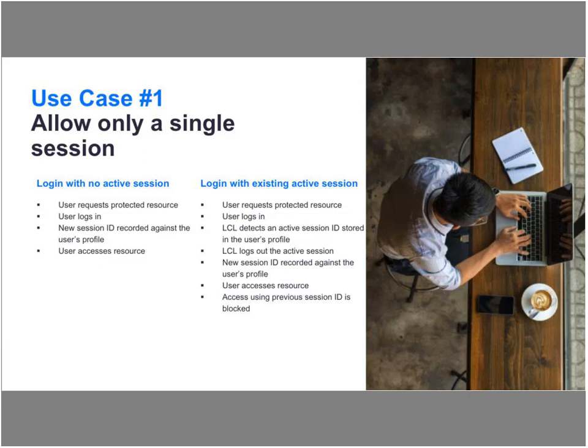The module would then log out the active session, record the new session against the user's profile, and allow the user to access the resource. If the user tries to use the previous session ID, then the module would block that access.